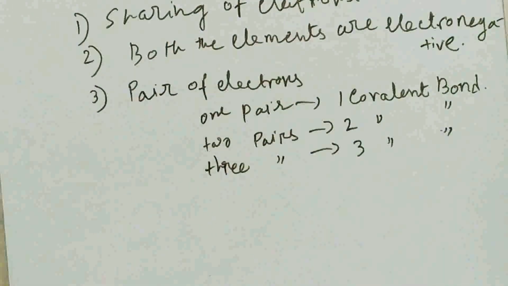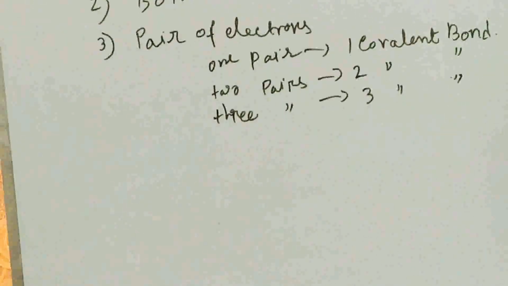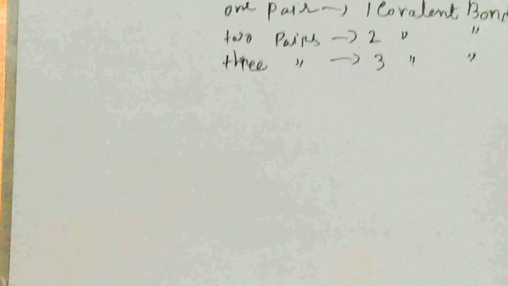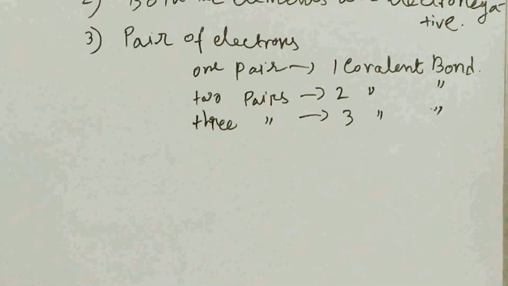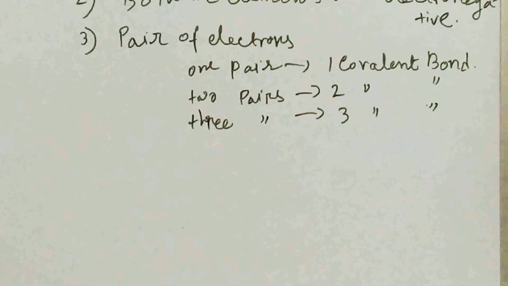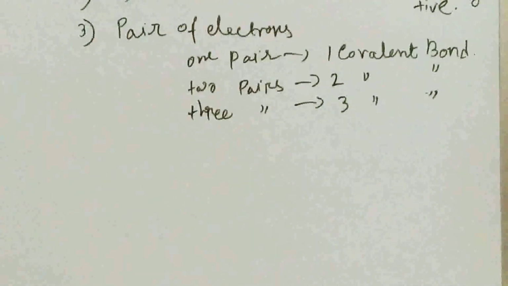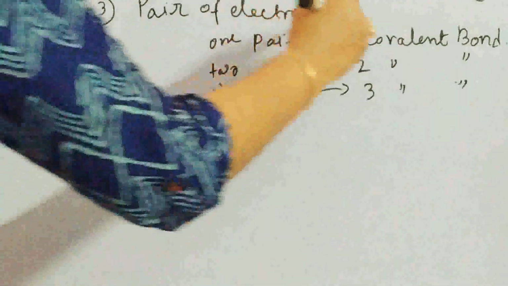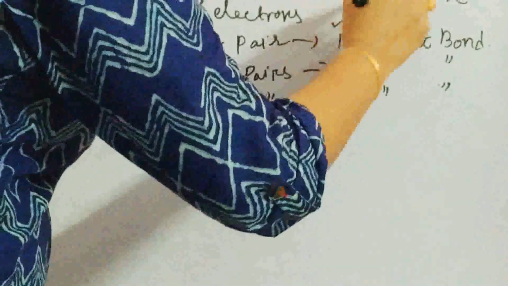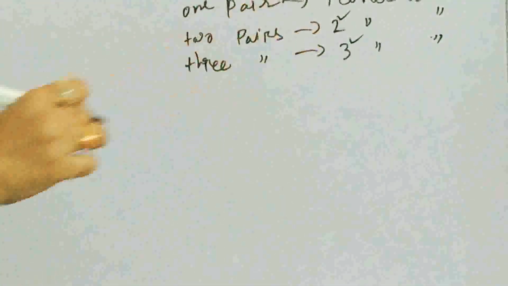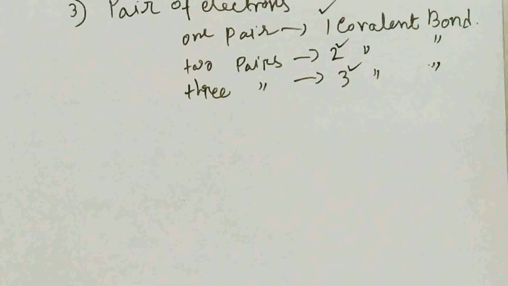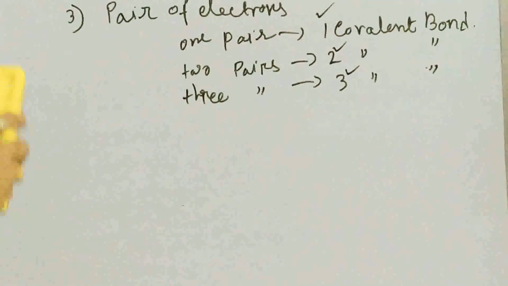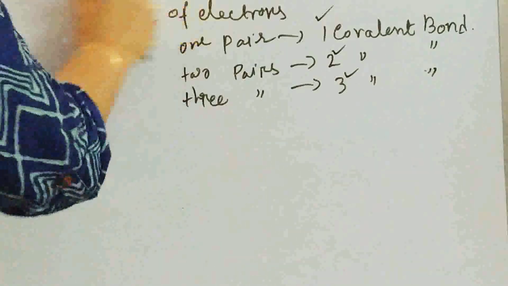So depending upon the number of pairs of electrons shared between two atoms, they are classified into three groups: single covalent bond, double covalent bond and triple covalent bond. Now I will show you how the bonds are formed between two atoms.